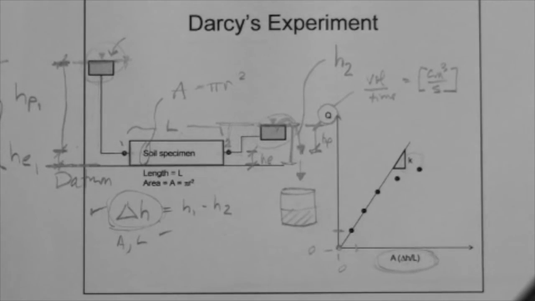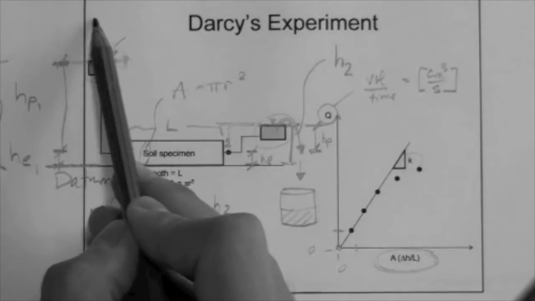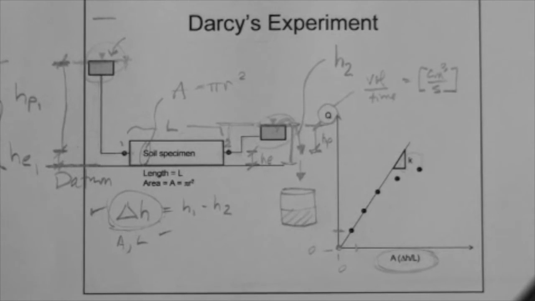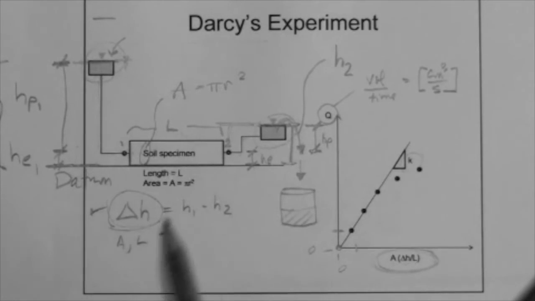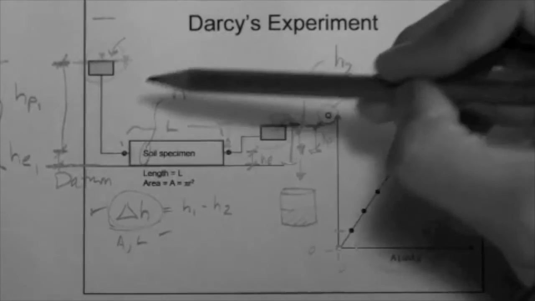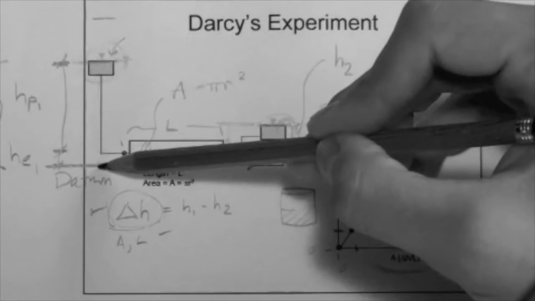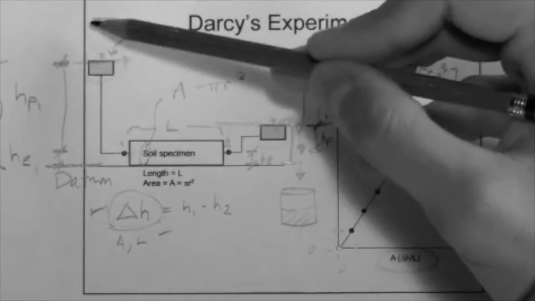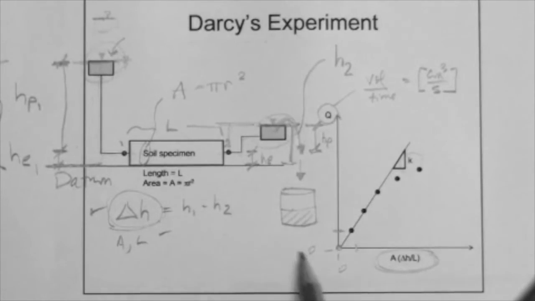Then he says, all right, keeping the same soil, I'm going to raise this up a little bit so that it's here. What does that do? Well, A is constant, L is constant, delta H now is larger because H1 is now from the datum to the new elevation of the reservoir.